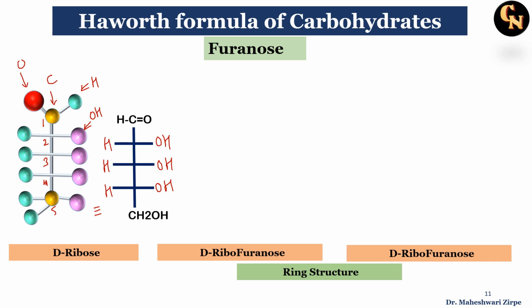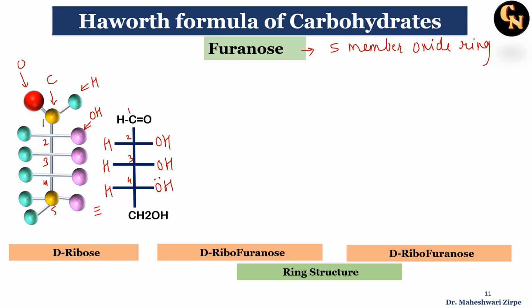Now if you want to convert D-ribose into the Haworth projection of furanose, furanose indicates what? A 5-membered oxide ring. So if I want a 5-membered oxide ring, the OH that is going to attack the aldehyde, we have to count 1, 2, 3, 4, and obviously the fifth should be oxygen.